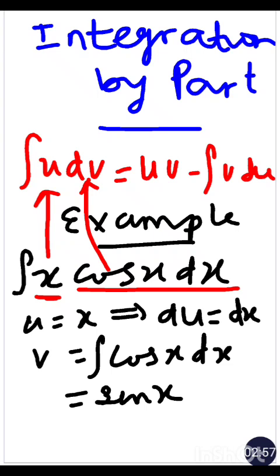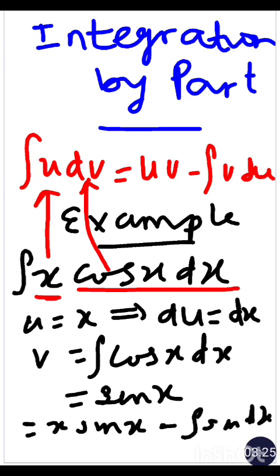Now what will be the answer to our integral? The answer will be uv, which is x sin x, minus the integral of v du, which is sin x dx.